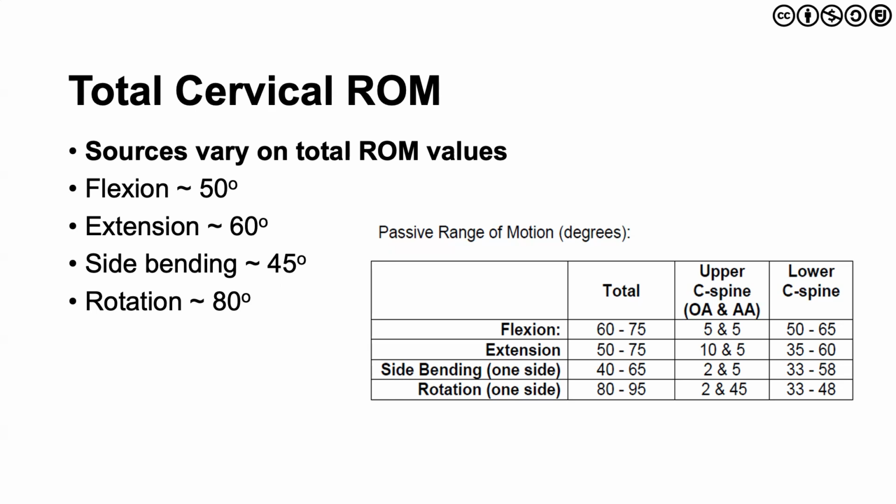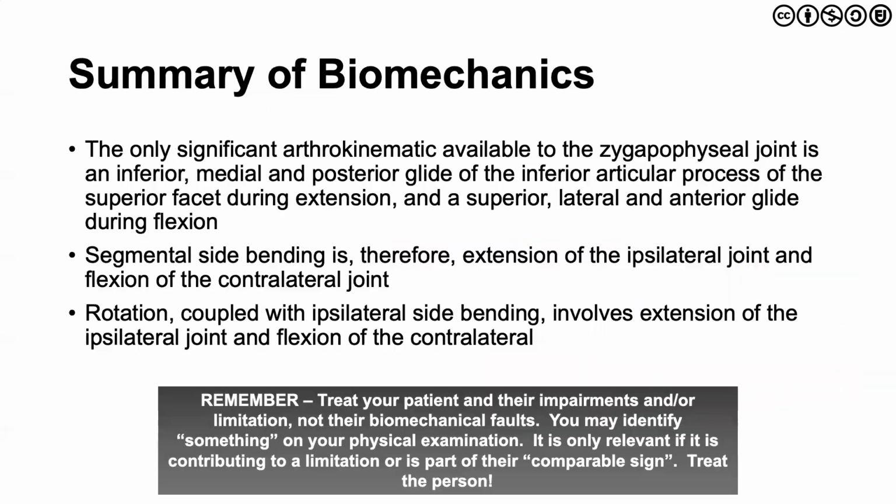So as we summarize our understanding of the anatomy and biomechanics, recognize that the only significant arthrokinematic available to the zygapophyseal joint is an inferior, medial and posterior glide of that inferior articular process on the superior facet, and a superior, lateral, anterior glide during flexion.